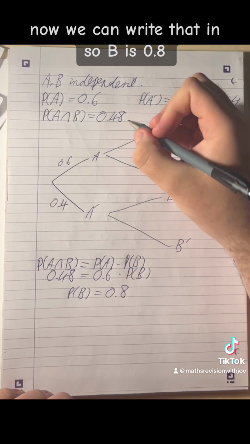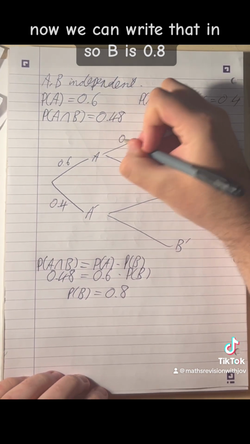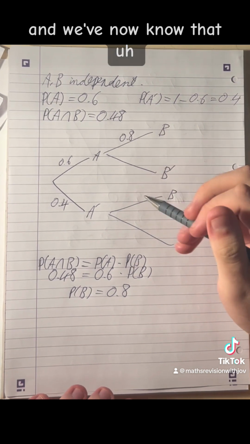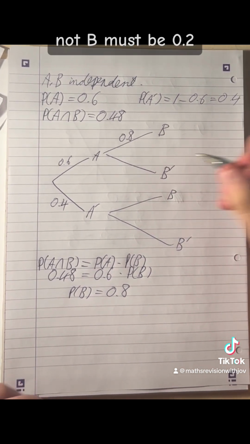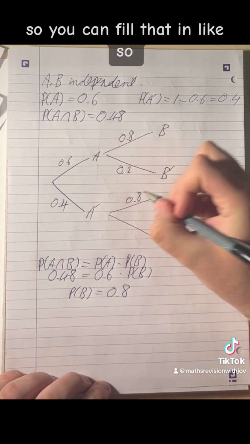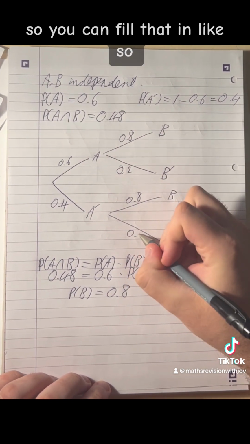Now we can write that in, so B is 0.8, and we now know that not B must be 0.2, so we can fill that in like so.